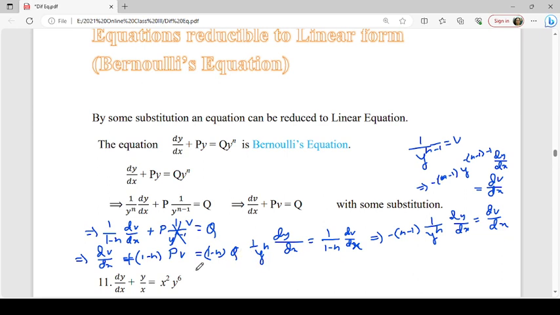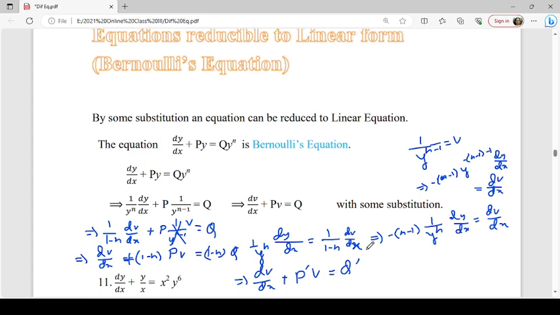So this is our new p and this is our new q. So we can write this as dv dx plus p dash into v equal to q dash, where p dash we write as p into 1 minus n and q dash as q into 1 minus n. So this is our new p and this is our new q.